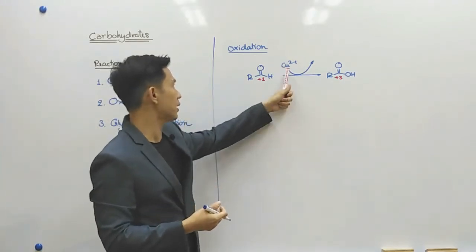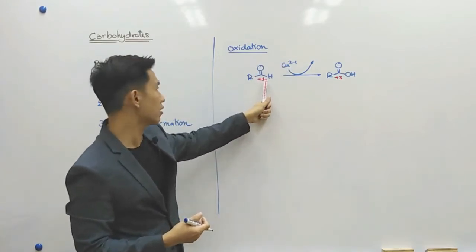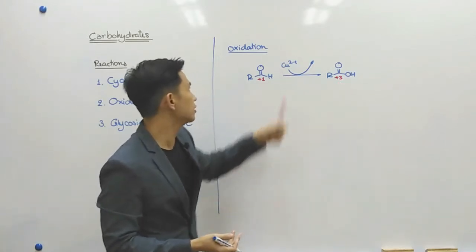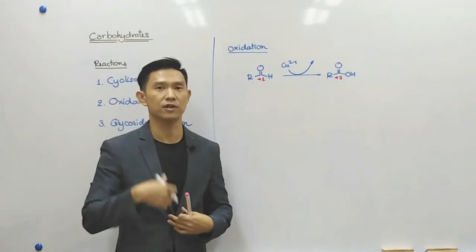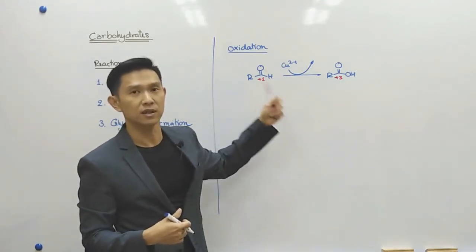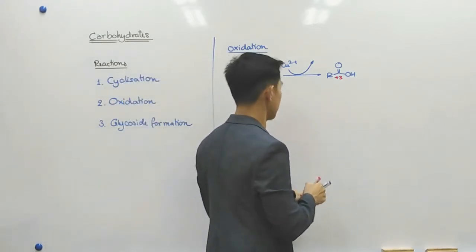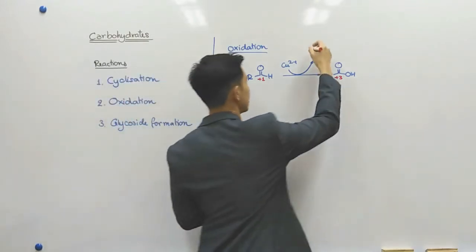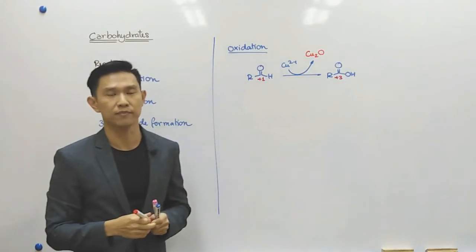So this copper takes electrons from your carbon atom and oxidizes it from +1 to +3. So your copper is reduced because it takes negative charge toward itself. So instead of 2+, the oxidation number is reduced. Normally your copper 2+ is precipitated out as copper 1 oxide in red color.